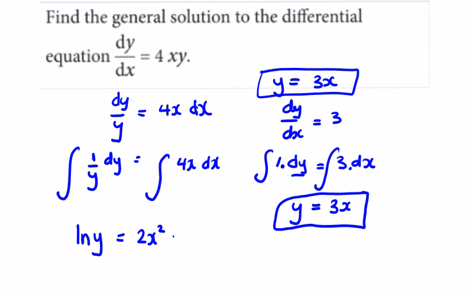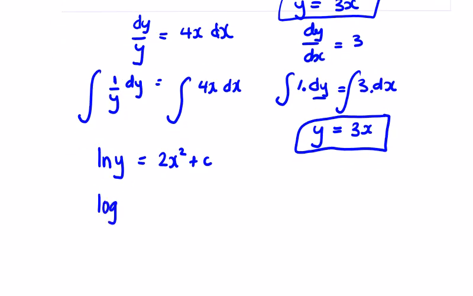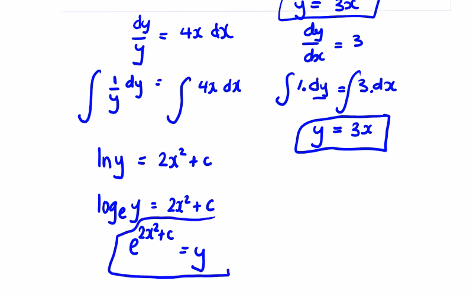And we bring in a constant just on the right hand side. So this will be the log of y to the base e, if you want to write it like that, is equal to 2x squared plus c. So solving for y, e to the power of 2x squared plus c will be equal to y for this first example of first order differential equations.